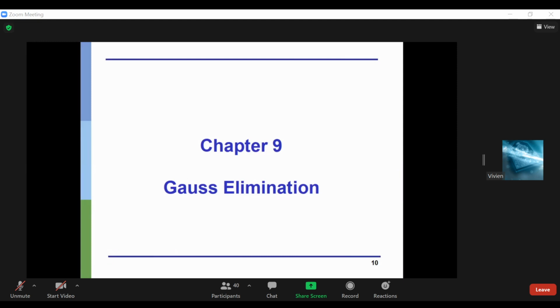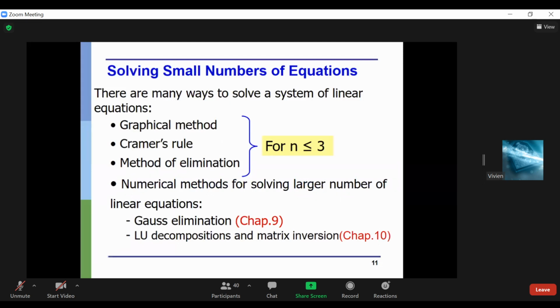So now we will go on to the first chapter in part 3, which is about Gaussian elimination. Say we have a system of linear equations in which we have three equations to find three unknowns. So the number of unknowns here is 3 or less, so this is quite easy.